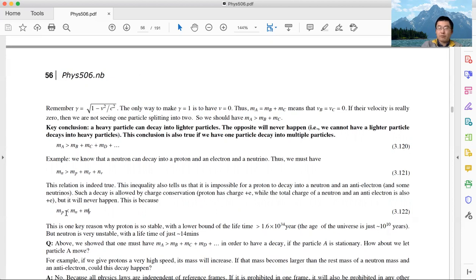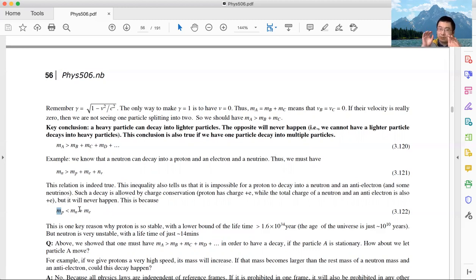If we only look at the charge conservation law, proton has positive charge, neutron has zero charge, and in principle I can decay a proton into a neutron and a positron. That satisfies charge conservation. But that decay never happens in our universe, and the reason is that proton has less rest mass than neutron, and decay from a lighter particle to a heavier particle can never happen.